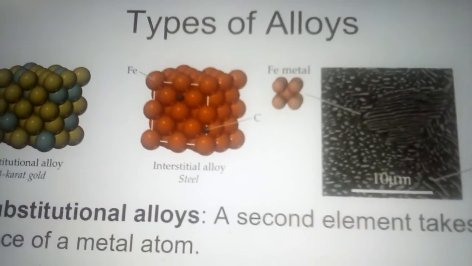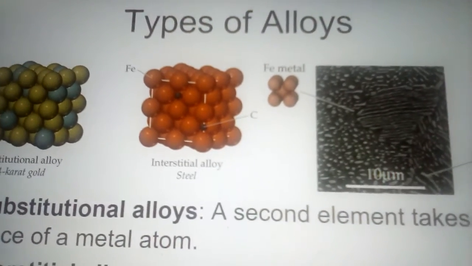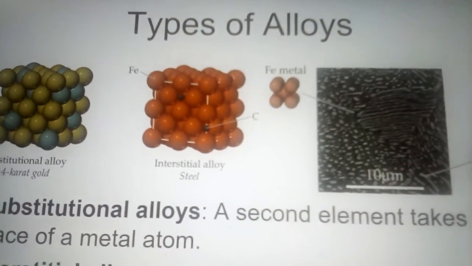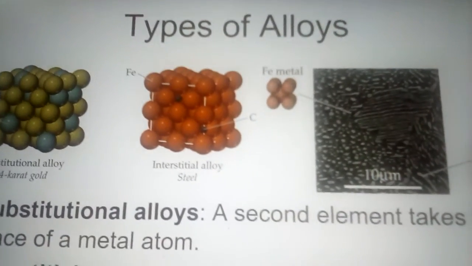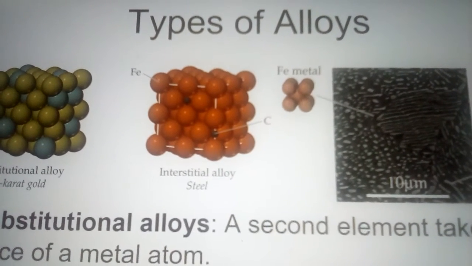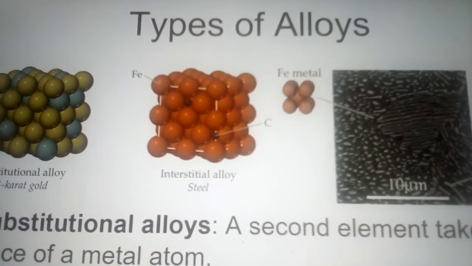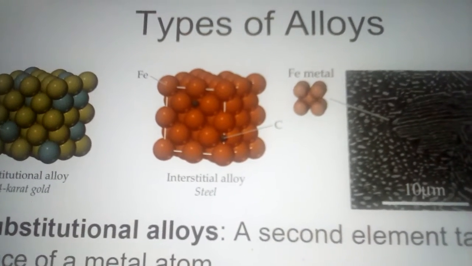It's primarily made up of iron, but you make iron into steel by adding carbon. Carbon is pretty tiny compared to an iron atom. You can see the black colored balls for carbon there actually fit right in between the irons, and that causes a change in the physical properties of the material.